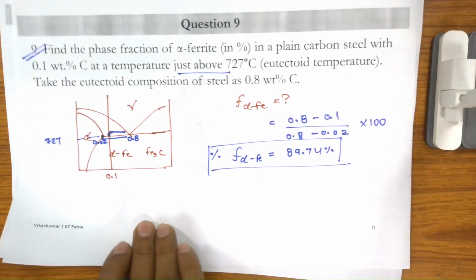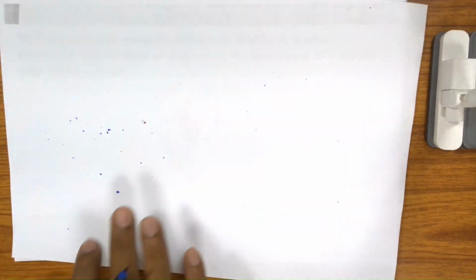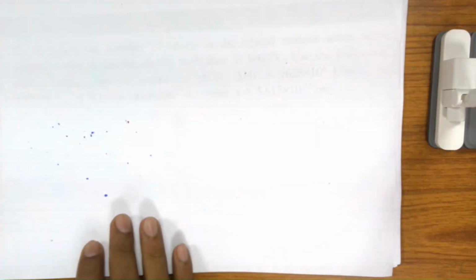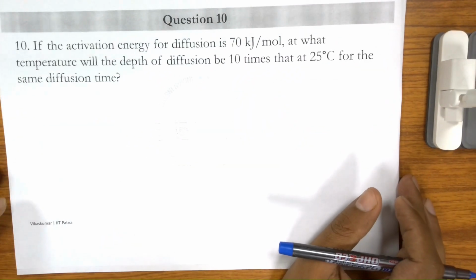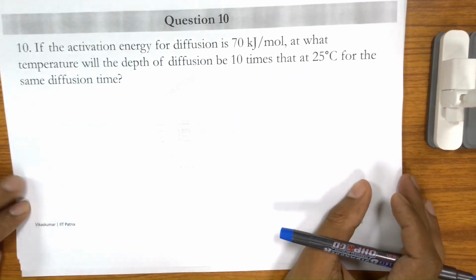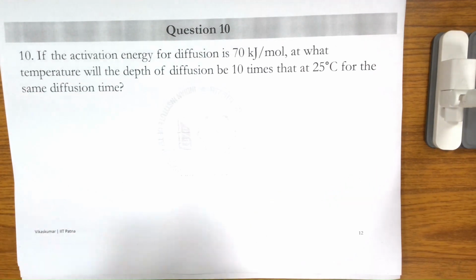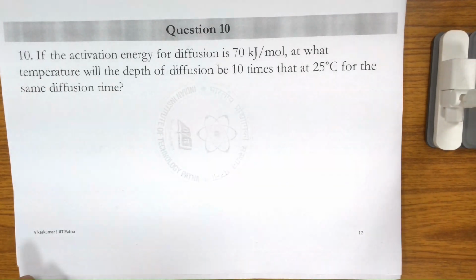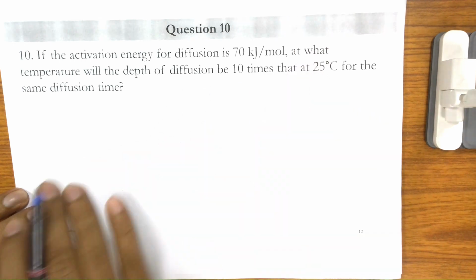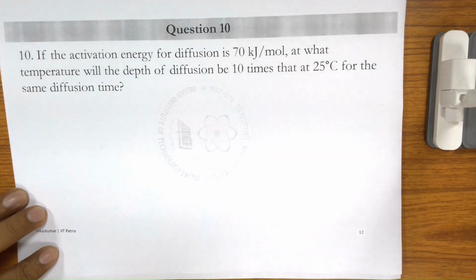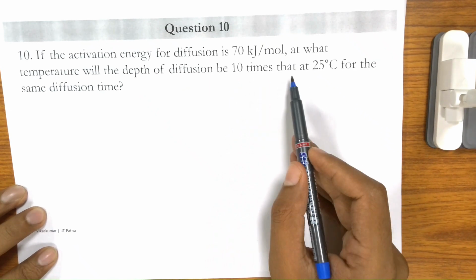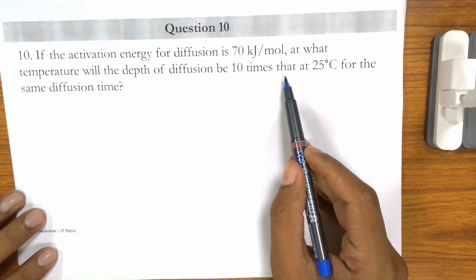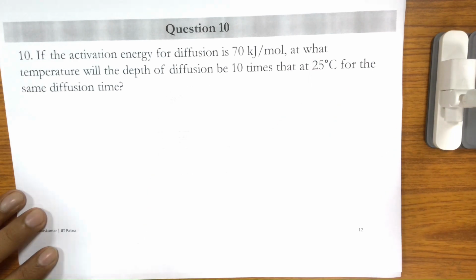Let's move ahead to question number 10. If the activation energy for diffusion is this, at what temperature will the depth of diffusion be 10 times that at 25?